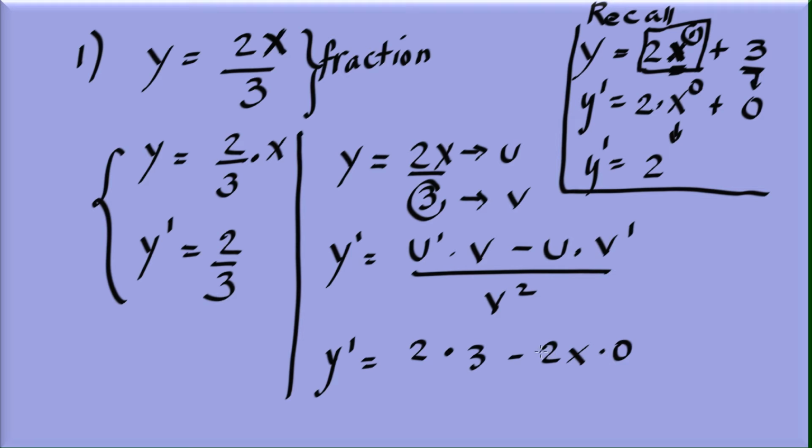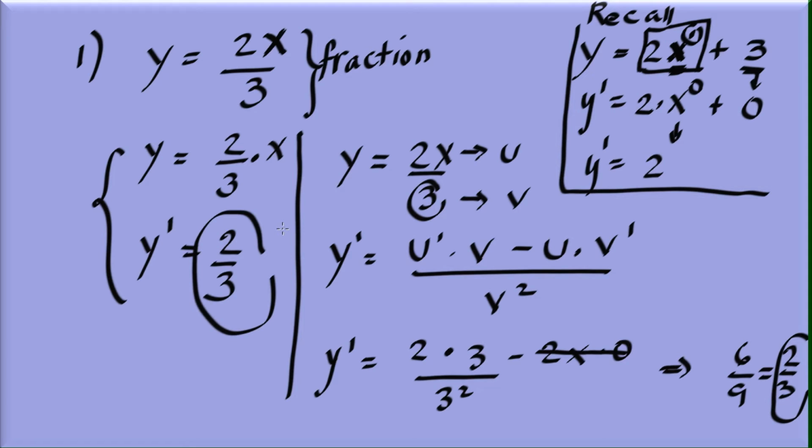So this part of the process is just going to be 0 over v squared. So the v is 3, square that. So the derivative is 6 over 9, or 2/3 when reduced. So you can see that it's the same answer that we got using the power rule.